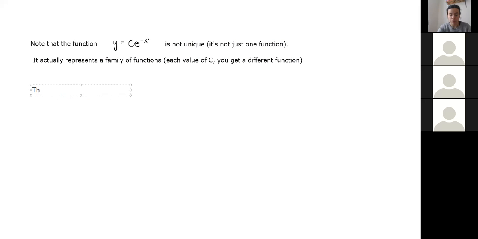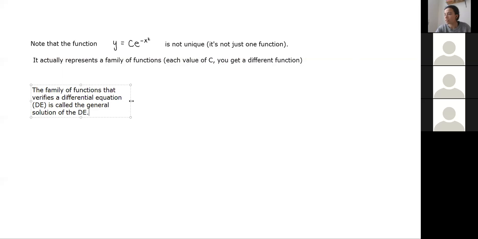So the family of functions that verifies a differential equation, which we denote DE, is called the general solution of the differential equation.